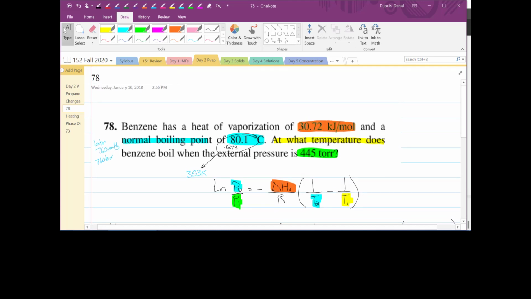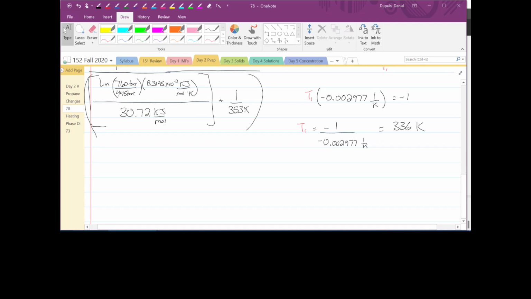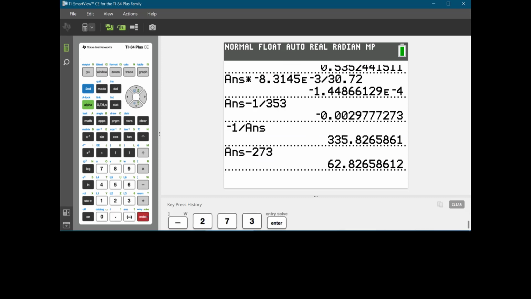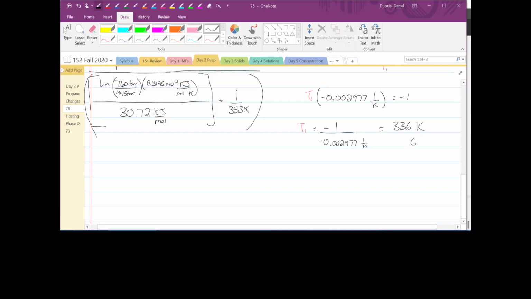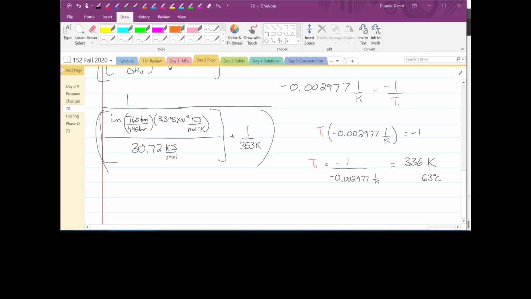It's just temperature. That's fine. But if we wanted Celsius, I would subtract 273, correct? Minus 273, and I get 63 degrees Celsius.